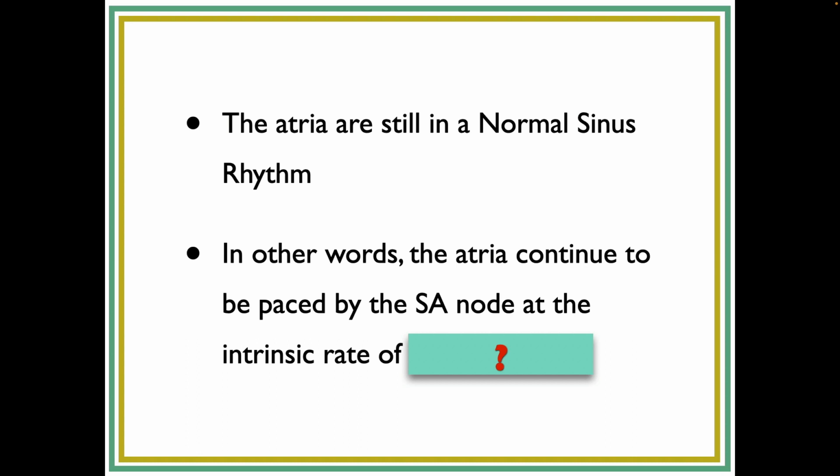So, in other words, the atria continue to be paced by the SA node at the intrinsic rate of what? Who remembers? Intrinsic rate of the SA node. 60 to 100, okay? And, as always, take these rates with a grain of salt. Could be a little slower, could be a little faster, but essentially, the atria are just in a plain old normal sinus rhythm. So you just see these P waves marching across.